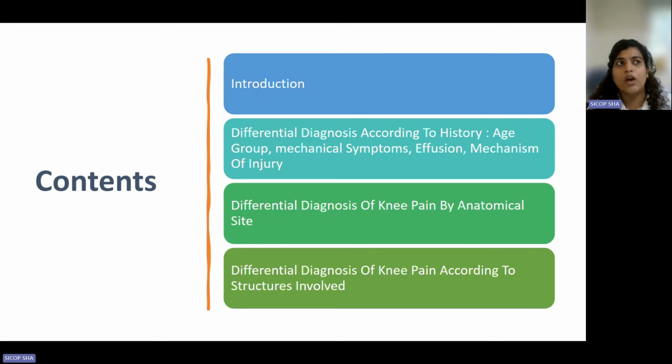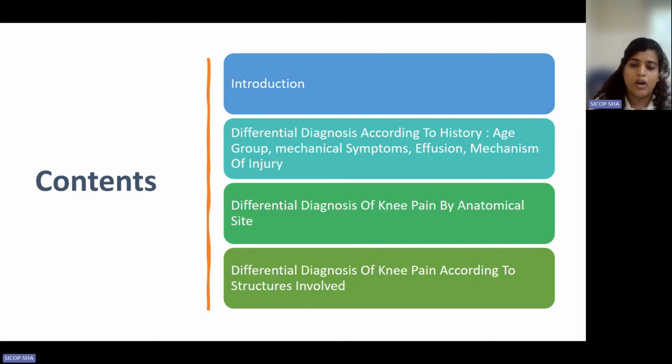Then we saw the common conditions, like IT band tendinitis, patellar tendinopathy, then PFPS, ACL, PCL, and meniscal injury.